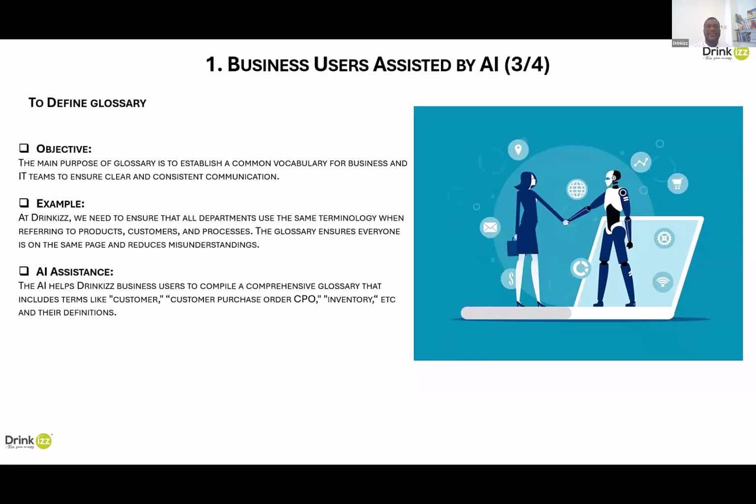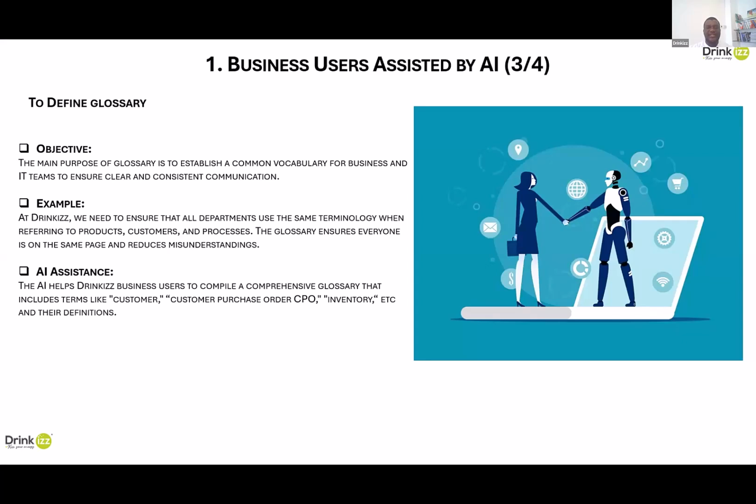How AI can assist business users to define the glossary. The objective here is to establish a common vocabulary for business and IT teams to ensure clear and consistent communication. At Drinkizz, we need to ensure that all departments use the same terminology when referring to product, customer, and process.